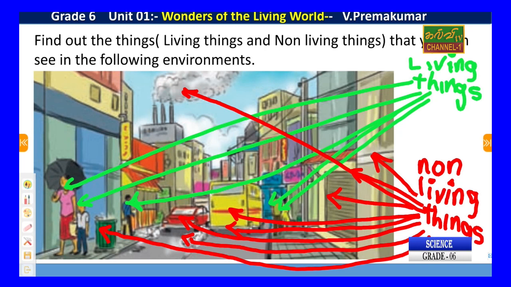The red arrow marks indicate non-living things. Living things here are only humans. I can't find any other living things here. Sometimes you may find an insect or butterfly or dog, but a city or town environment doesn't have many living things. There are more non-living things.